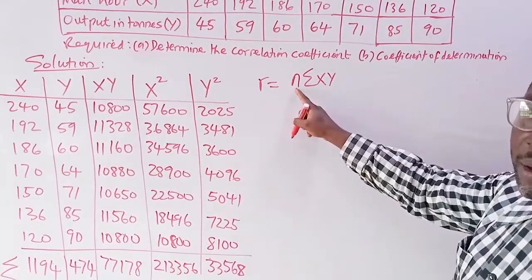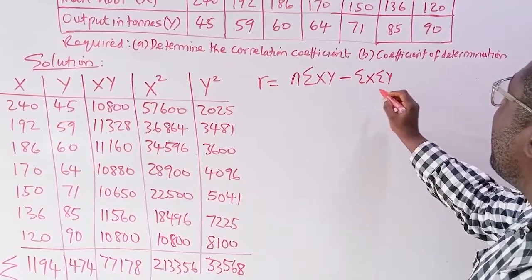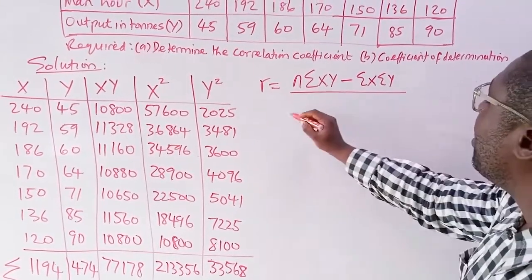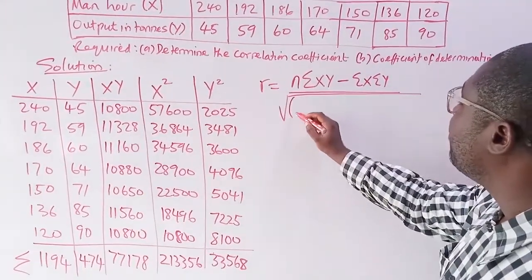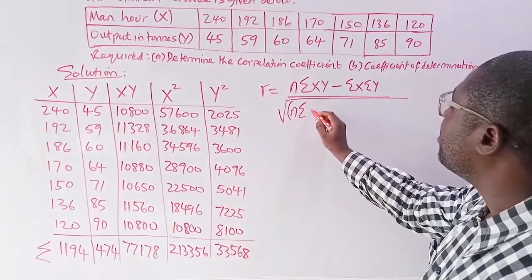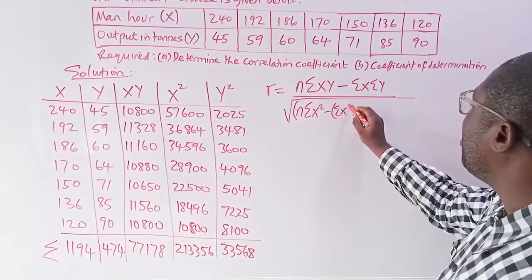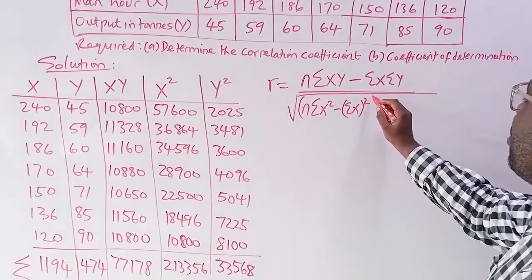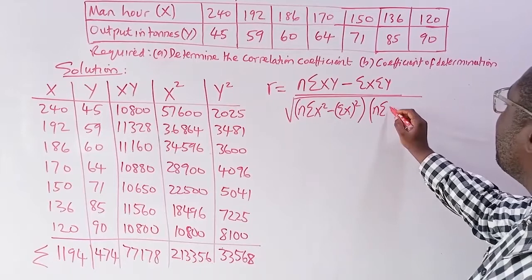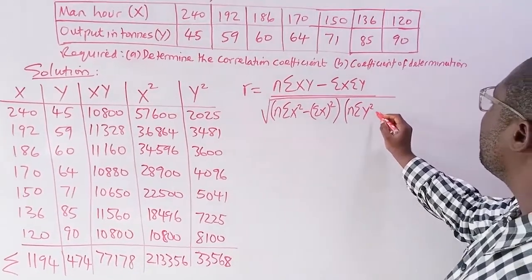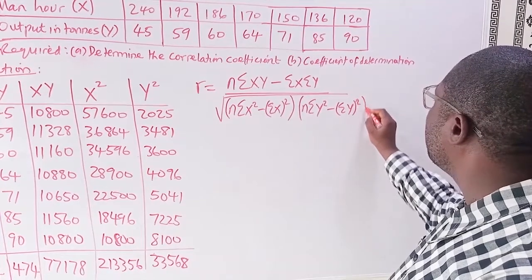The N is the number, summation xy minus summation x summation y, all over the square root, long square root of N summation x squared minus summation x all squared, we close the bracket, times N summation y squared minus summation y all squared, I will close the bracket.